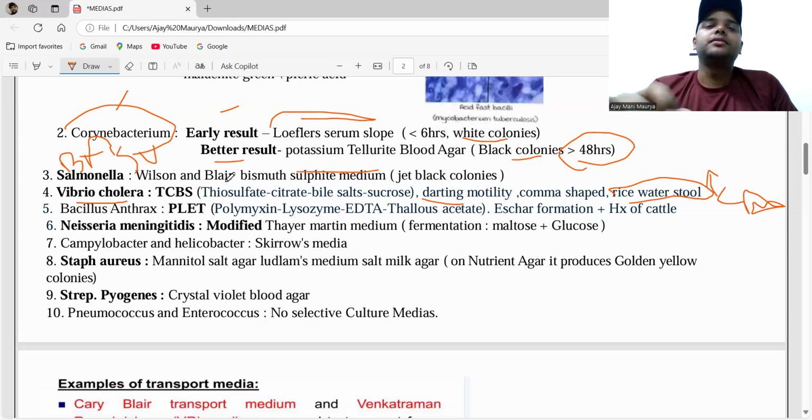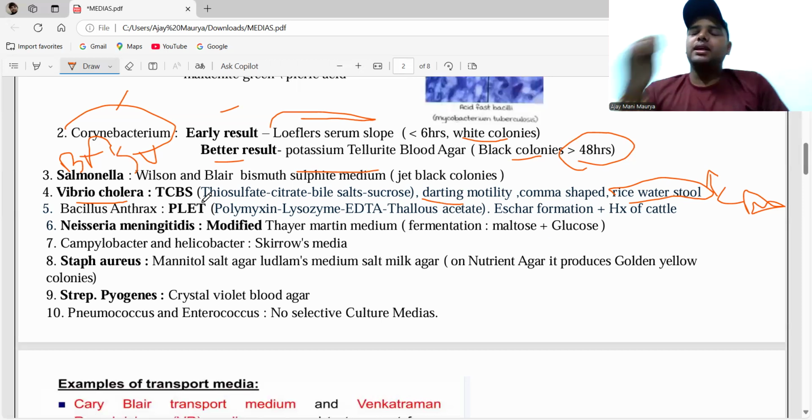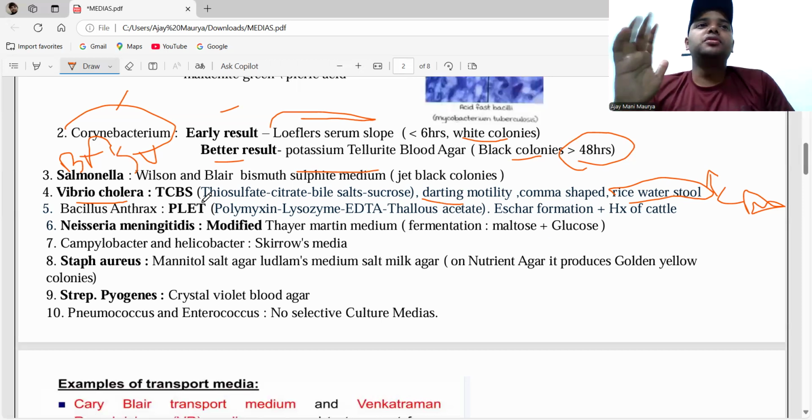The next one is the Bacillus anthracis. Culture media is the PLET. Remember here, guys, you have to differentiate between Bacillus anthracis and scrub typhus. See here, there is a black color eschar formation plus a history of cattle. Then you have to mark Bacillus anthracis.